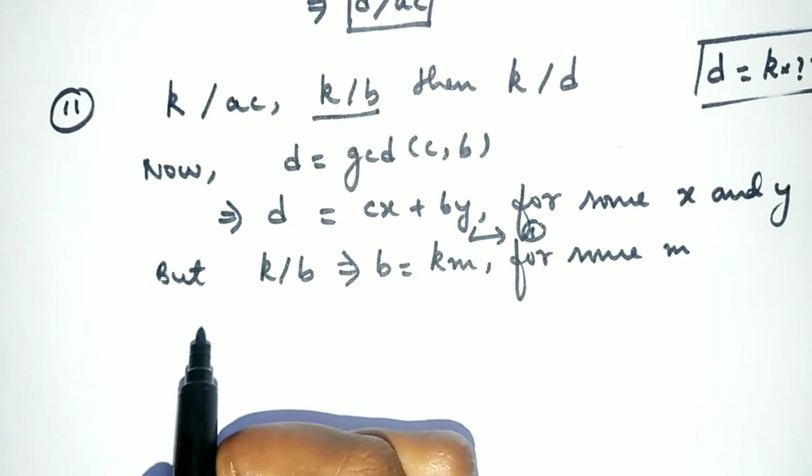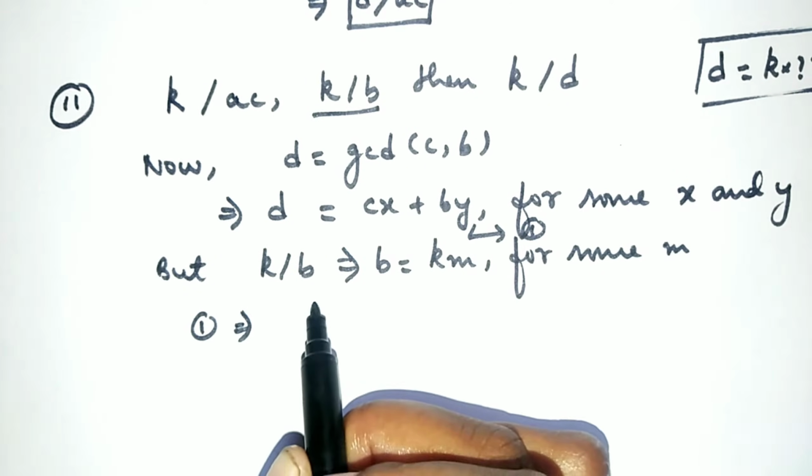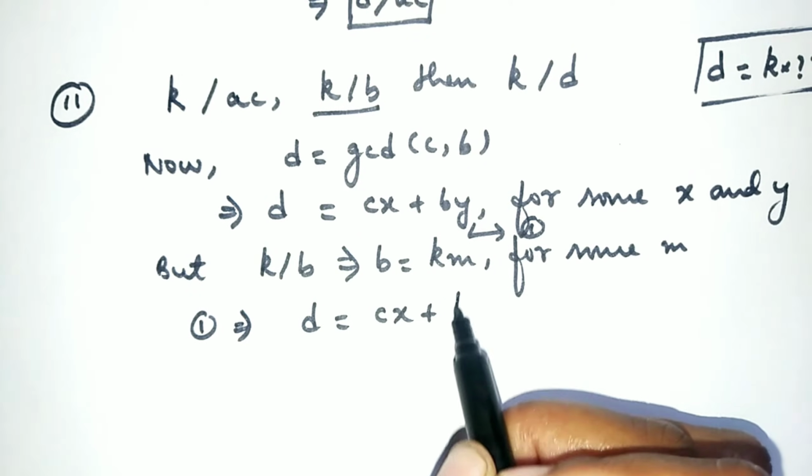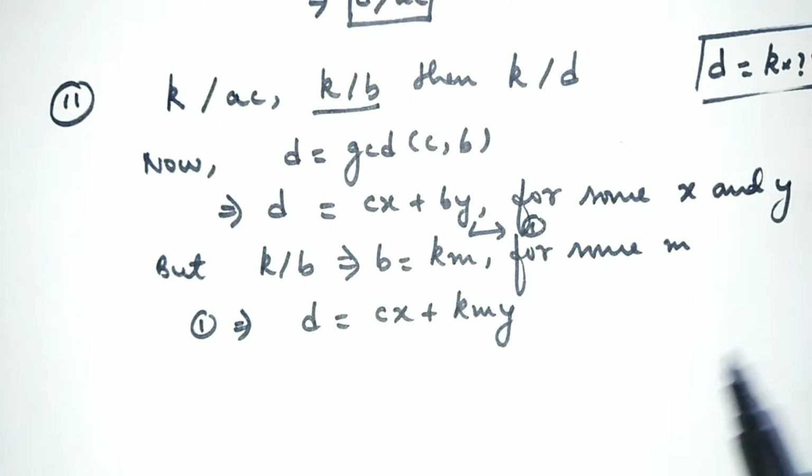Then this equation 1 implies D is equal to CX plus KMY.